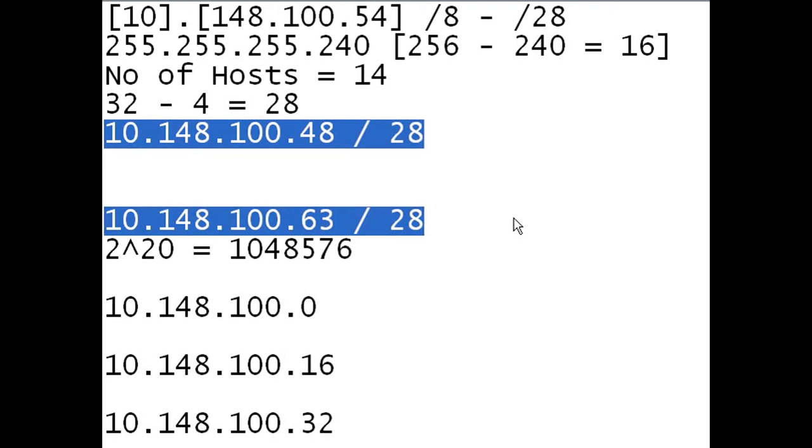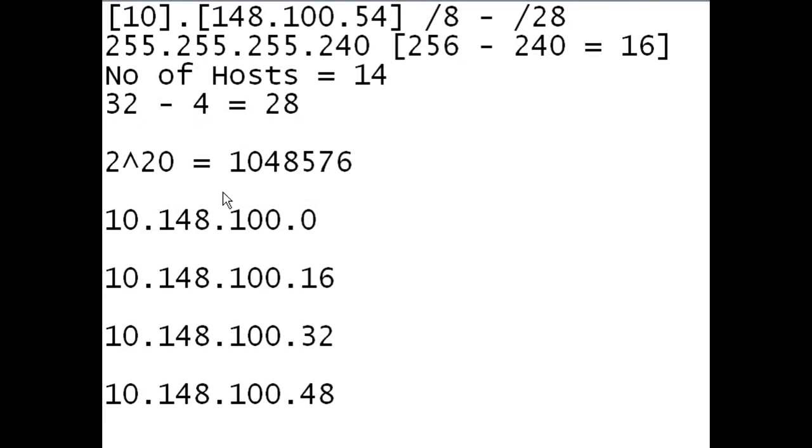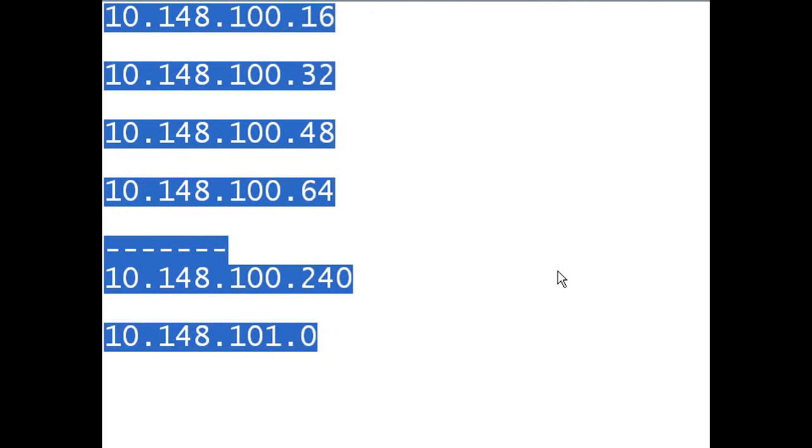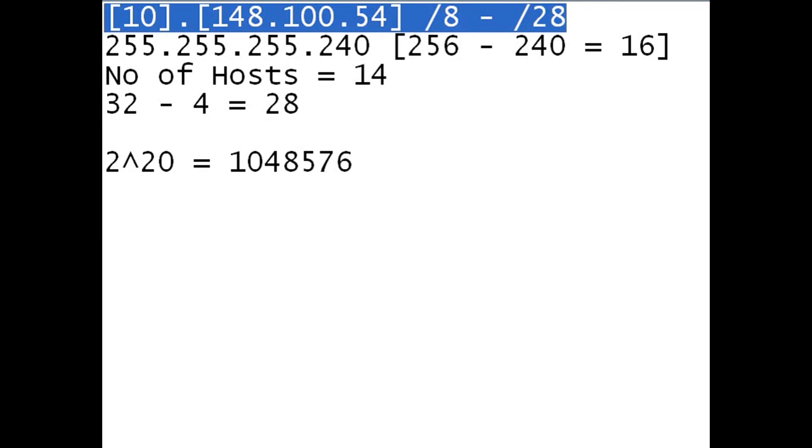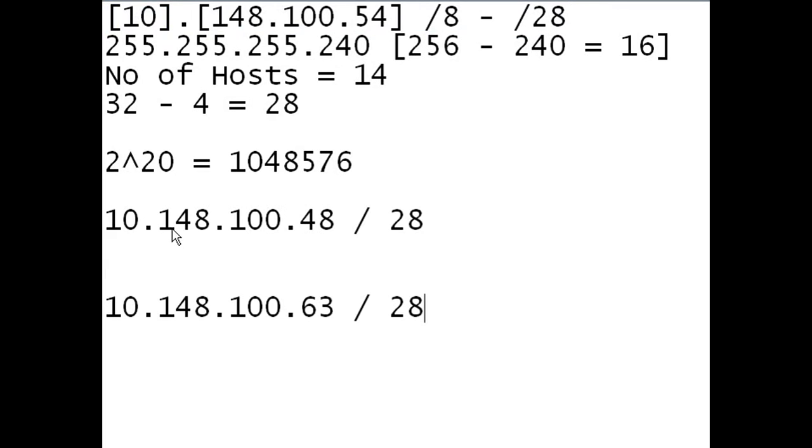So the range is 48 to 63. 48 is my network address, 63 is my broadcast address, 49 is my first valid IP and 62 is my last valid IP in this subnet.